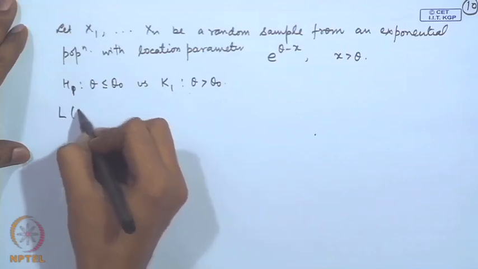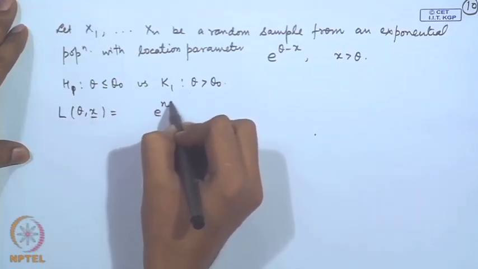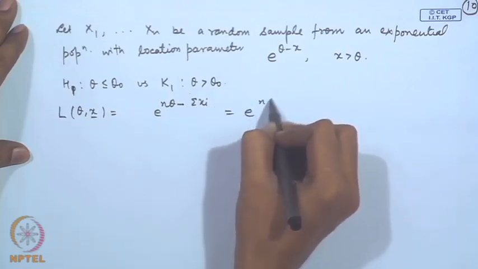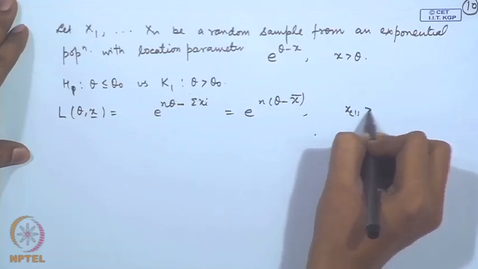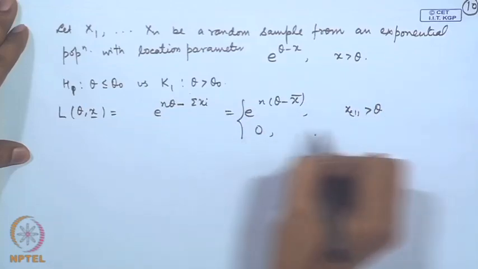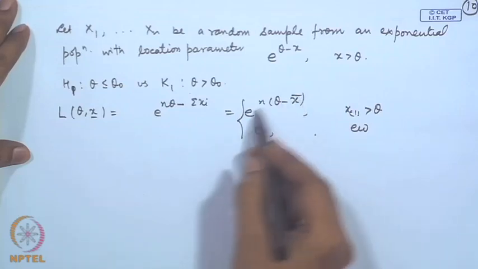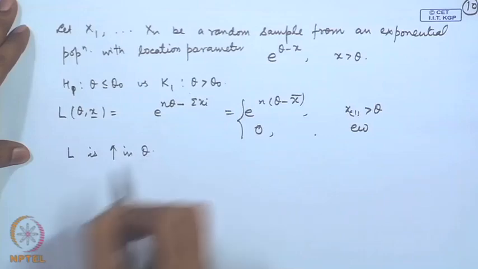So, the likelihood function is e to the power n theta minus sigma x i, which I can write as e to the power n theta minus x bar. This is for x 1 greater than theta, it is equal to 0 if x 1 is less than or equal to theta. So, naturally you can see that L is increasing in theta.